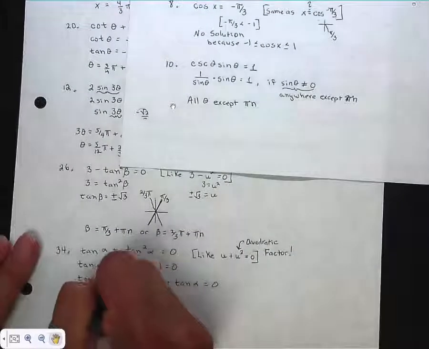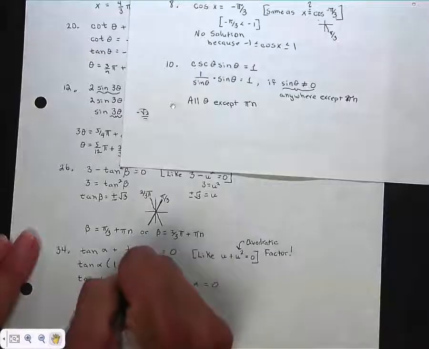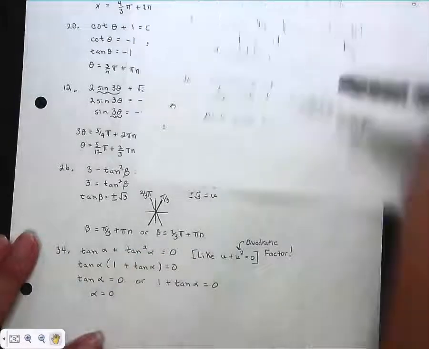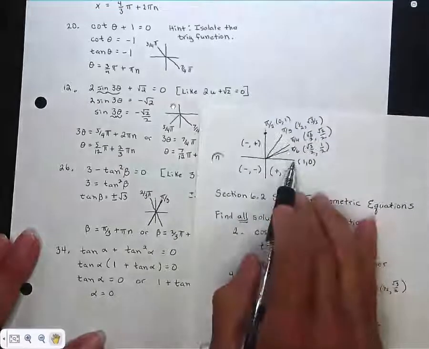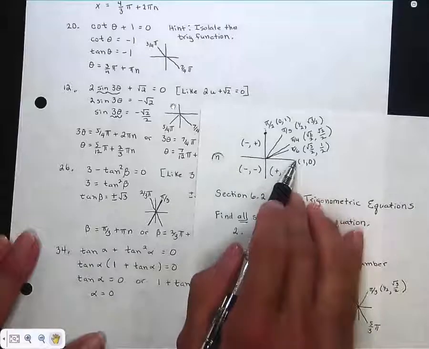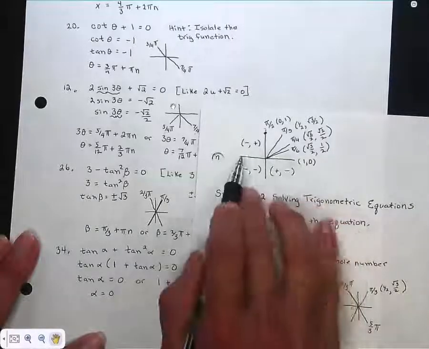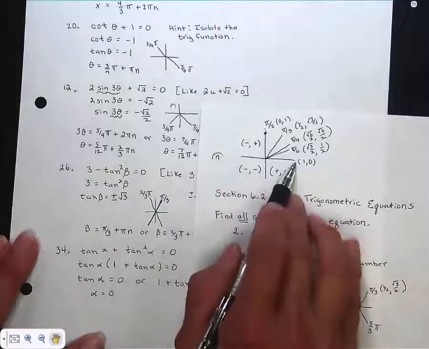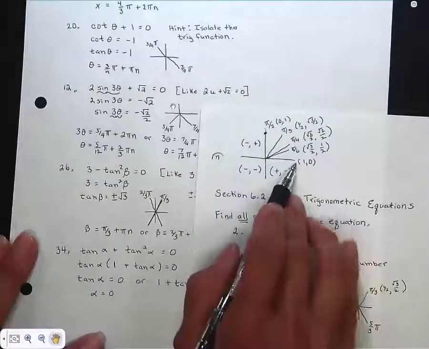So alpha could be 0 radians, and not only at 0 radians, but at pi radians. 0, at 1 pi, 2 pi, 3 pi, 4 pi, 5 pi, all of the multiples of pi radians.